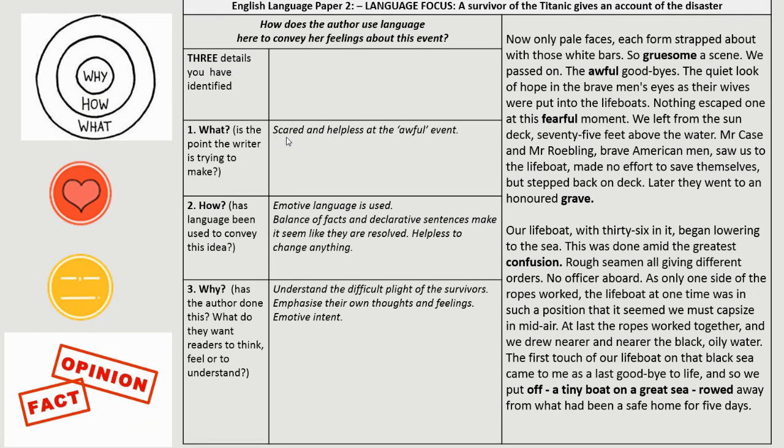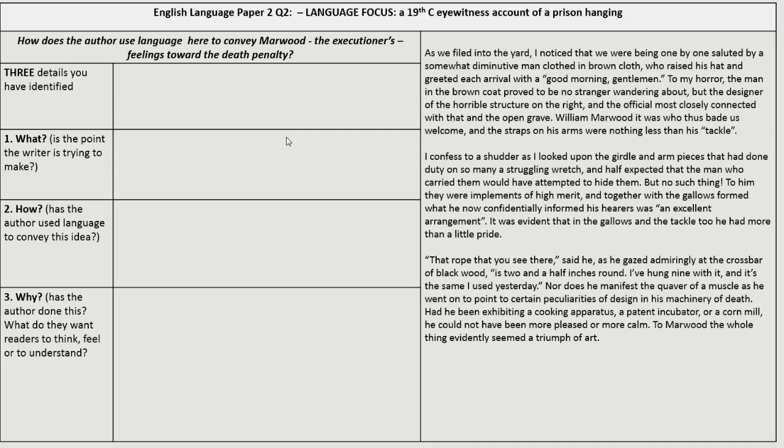So off you go, Year 10. Those of you that know you're not going to do the challenge task, I want you to write that out, please. It shouldn't take you any longer than 10 minutes. But for those of you that are wanting a bit of a stretch and a challenge, you can do another eyewitness account, but at this time it's of a prison hanging.